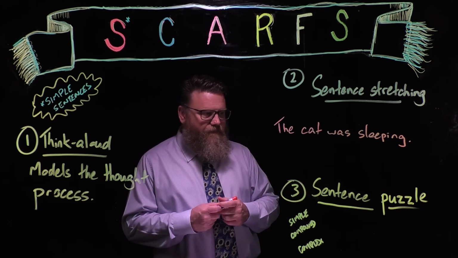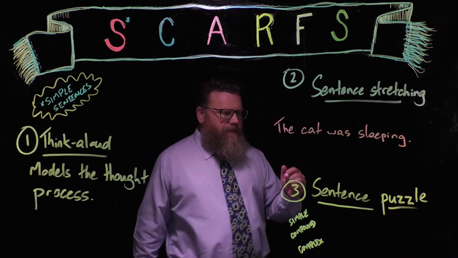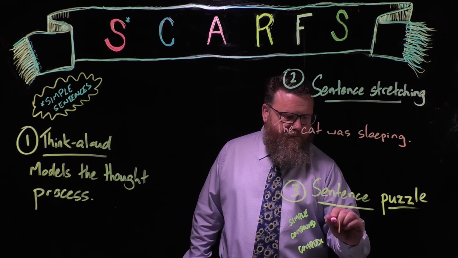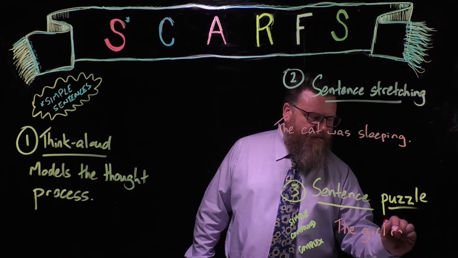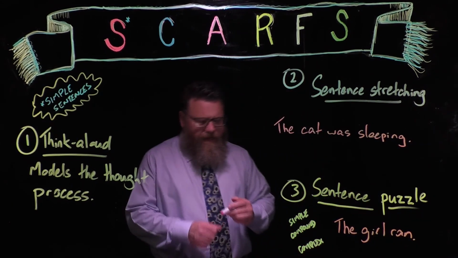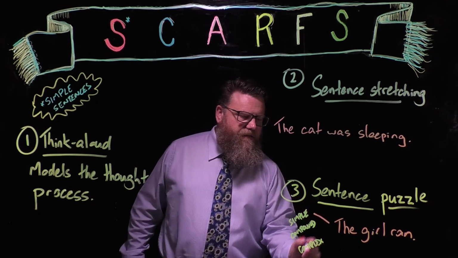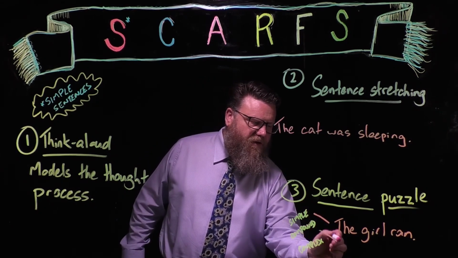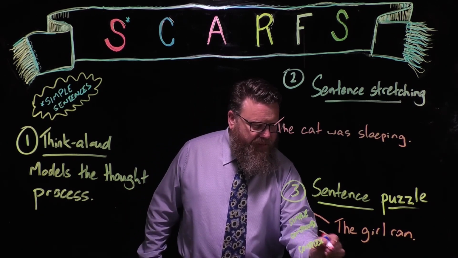The third strategy is sentence puzzle. So with this, again, you just give a simple sentence like the girl ran. It's a complete sentence. And then that's a simple sentence. So you challenge the students to turn that into a compound sentence and then turn that into a complex sentence.